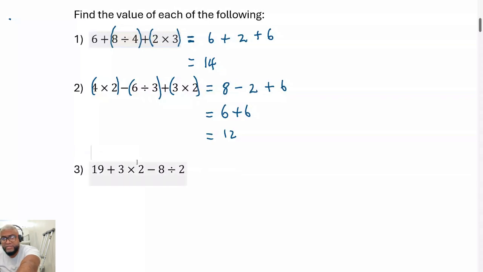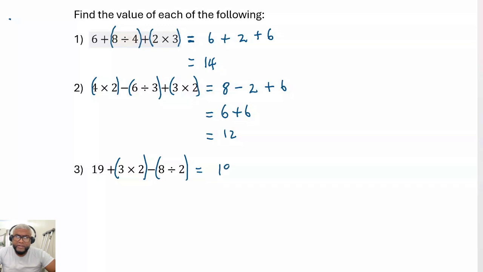Right, we're going to Kimani. Kimani, what we doing here, Kimani? Come on, let's go. So first you have to put 19. So it'll be 19. 3 multiplied by 2, that's 6 plus 6. Right, plus 6. Go on. Minus 8 divided by 2, which is 4.